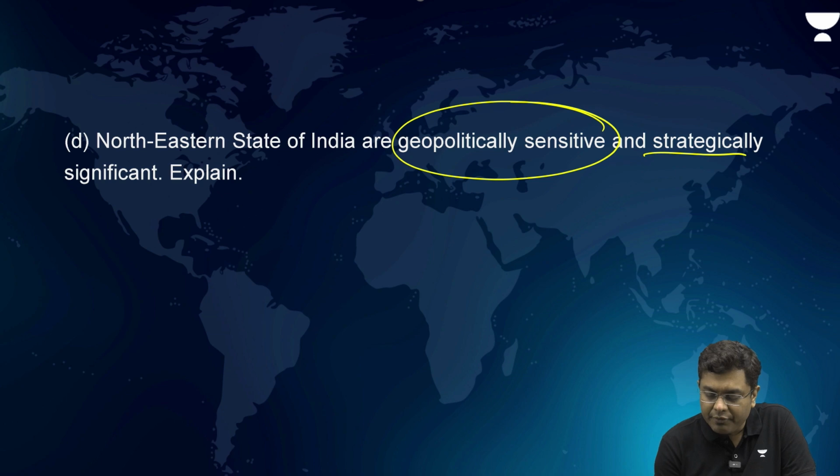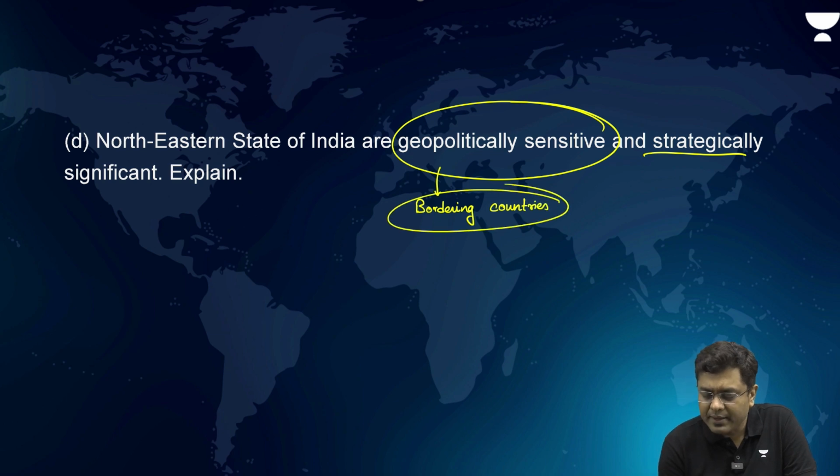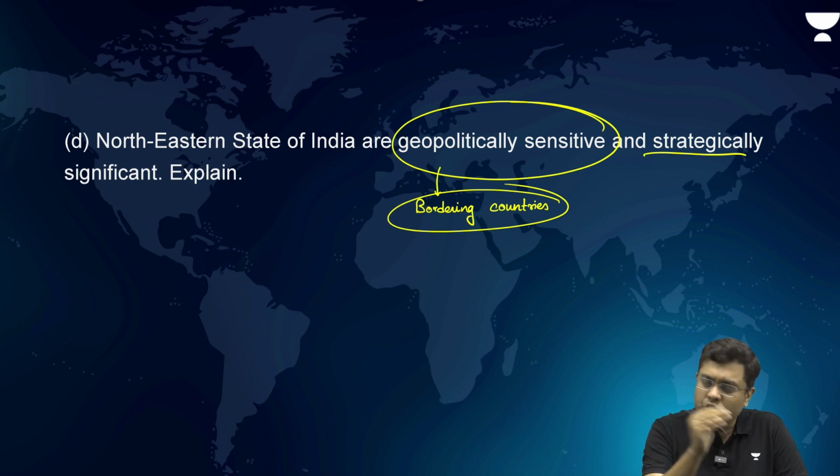So, here first of all, why geopolitically sensitive? Bordering region or bordering countries. Then you can also talk about the fact that they are actually connected to the rest of India by the very vital and but at the same time very vulnerable and narrow Siliguri corridor, right.